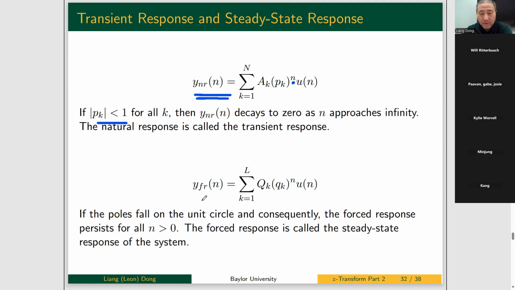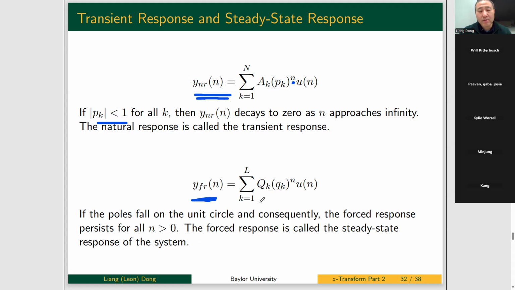The second part is the forced response. Forced response is following your input signal. So the input signal itself had better not be unstable, right? Otherwise, as time goes on, your signal becomes larger and larger. It's impractical. So it has to be some stable signal, and the signal will not die out. Otherwise, there's nothing to discuss after a while.